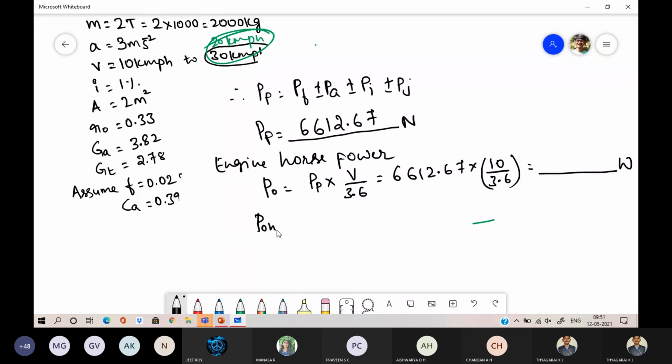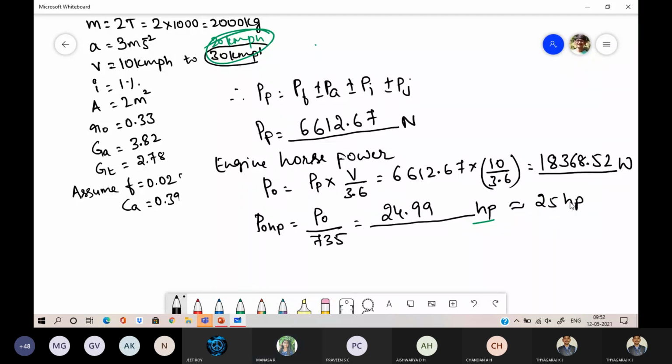Then calculate HP, that is P divided by 735. 18,368.527, so divide it by 735 and you will get it in terms of HP. 24.99, so approximately equal to 25 HP.